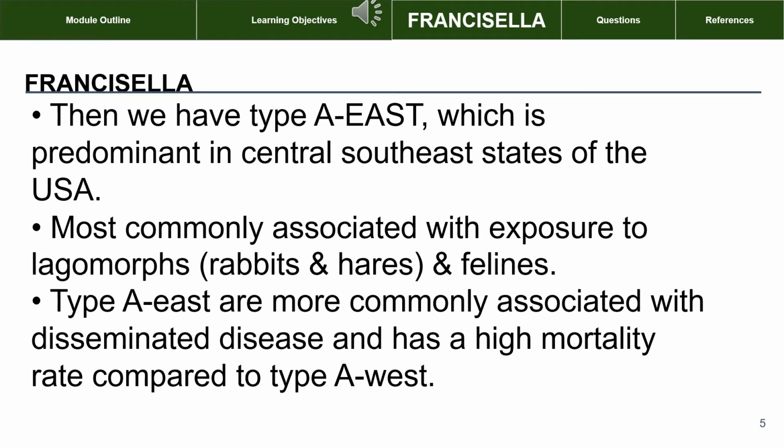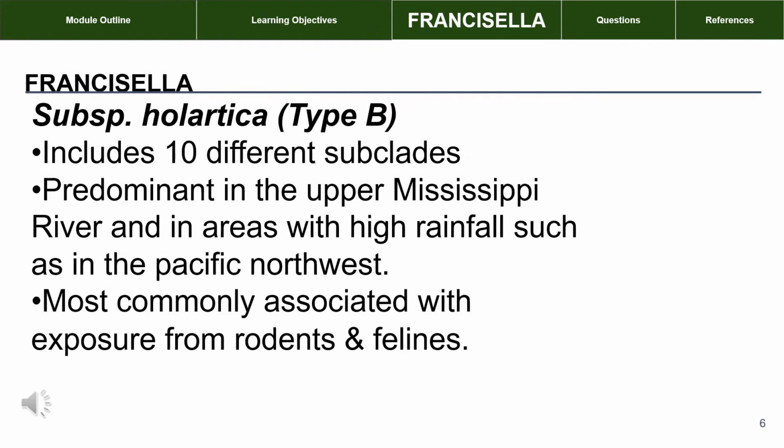It is most commonly associated with exposure to lagomorphs, or rabbits and hares, and felines as well. Type A East is more commonly associated with disseminated disease and has a high mortality rate compared to type A West.